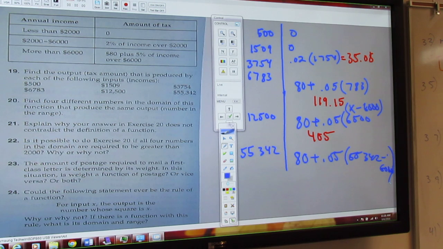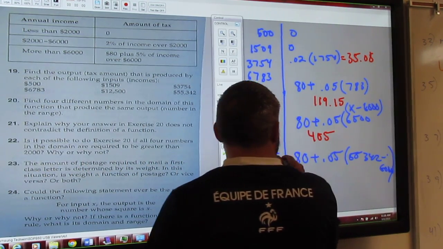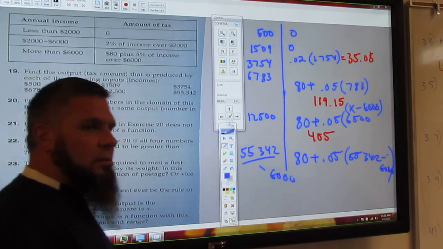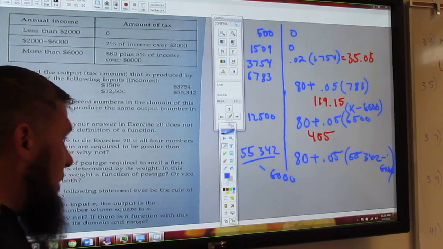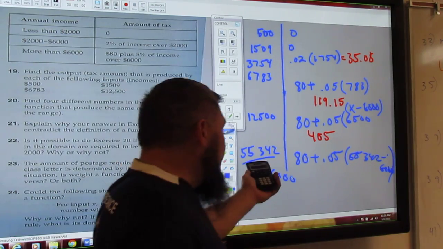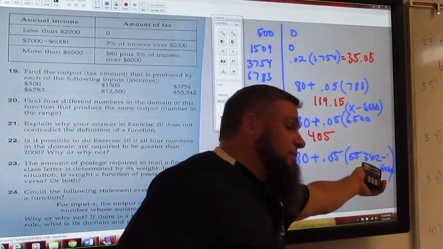So you can just plug that in your calculator. 80 plus 0.05 times, and what's in the parentheses? 55,342 minus 6,000. That's what's in the parentheses.